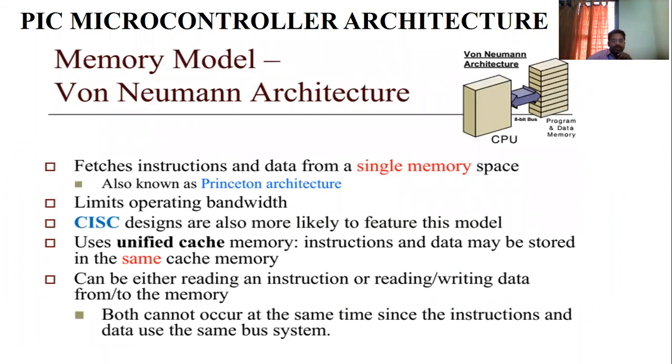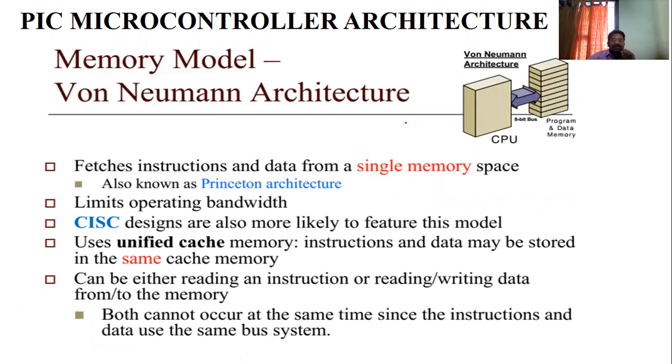Then, as I said, these follow this architecture. Two types of architectures are there. One is the Von Neumann architecture, as well as the Harvard architecture. Now see what is meant by Von Neumann architecture.